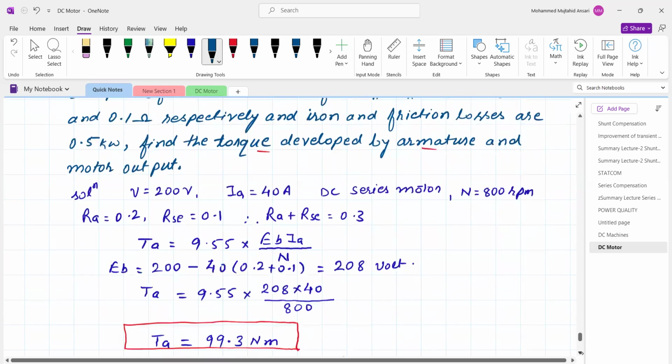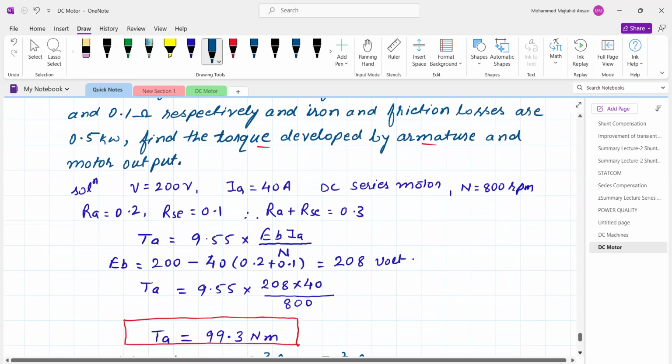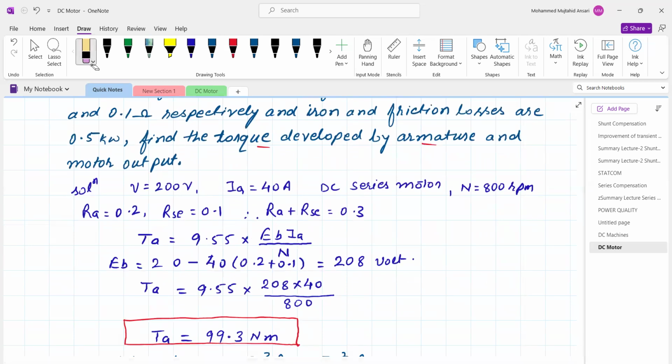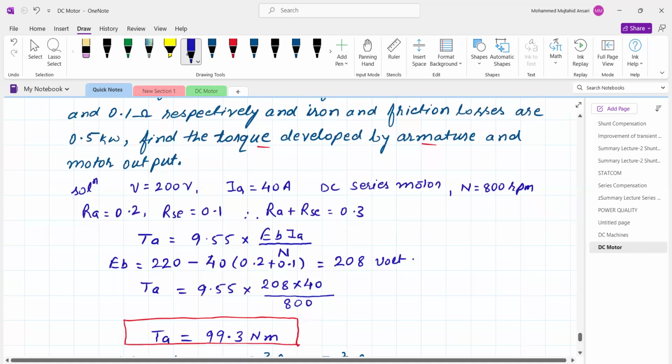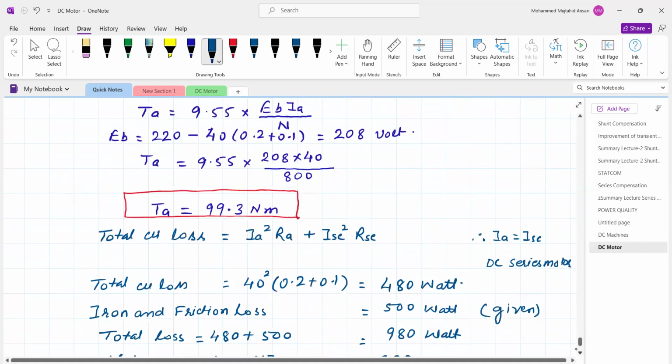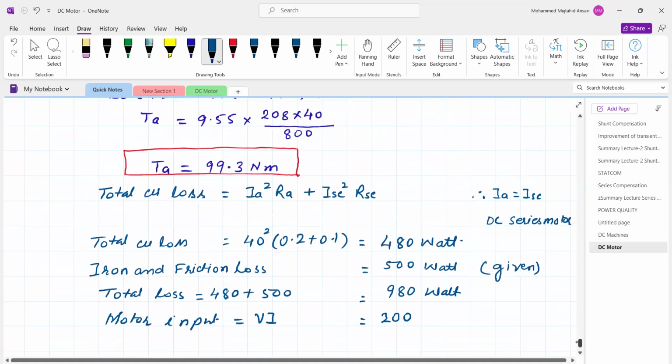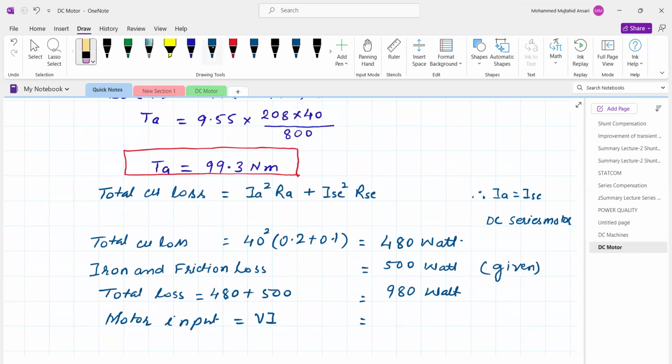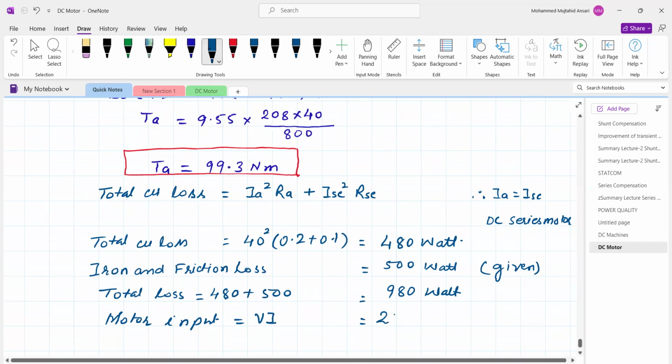Therefore, the back EMF is more than 200 volt. So the motor input is 220 multiplied by the current of 40 ampere, which is equal to 8,800 watt.